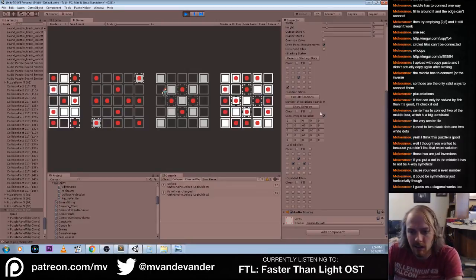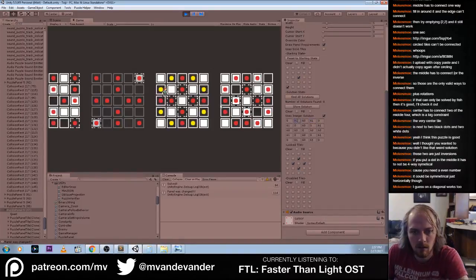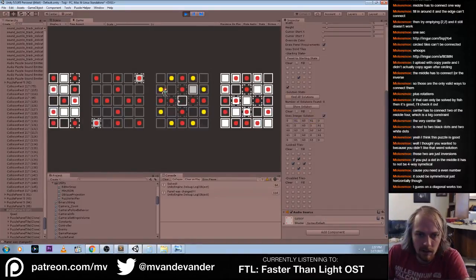The only way I can think to do it is with the multicolored ones, because if I do, like, this way, I think they'll probably have to be, like, you could probably still connect them this way, though.